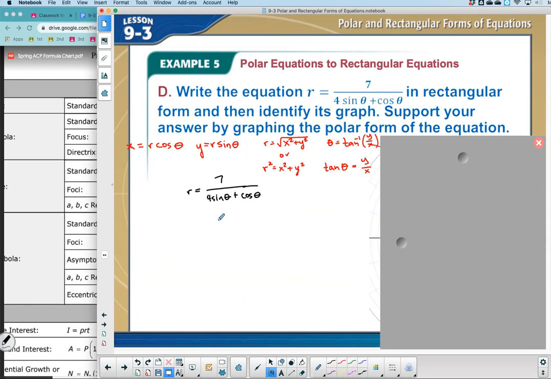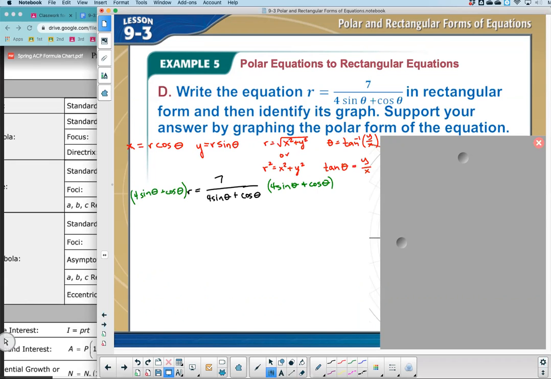Like I was saying in the last problem, if you have polar and you're dividing, typically the very first step you're going to do is try to get rid of the division. So what is the opposite operation of division? Multiplication. So I'm going to multiply both sides by 4 sine theta plus cosine theta. I'm going to do that first.